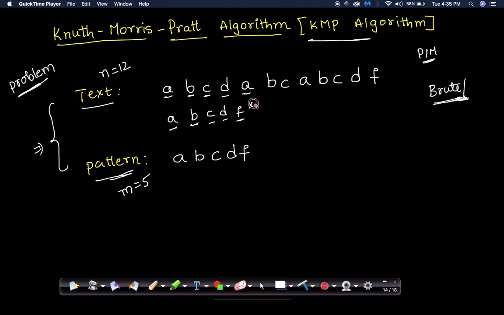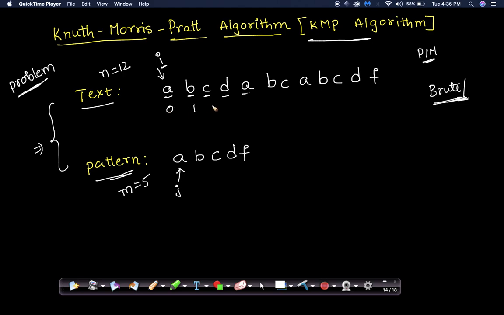According to the brute force approach, what will we do? Again we are going to start from this index. Initially, let's take two pointers: I'm going to name one as I, and the other as J. I is starting from the 0th index.